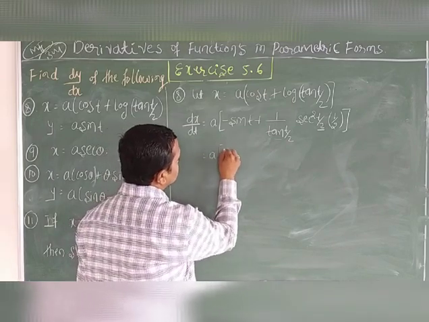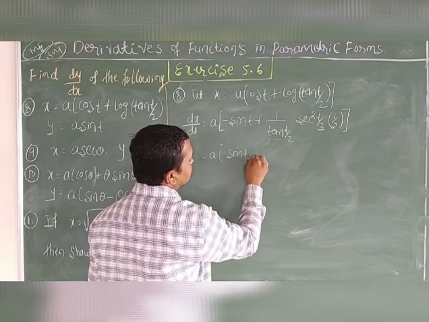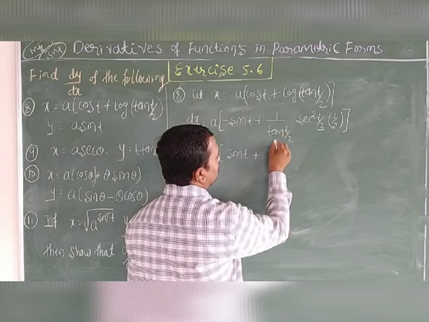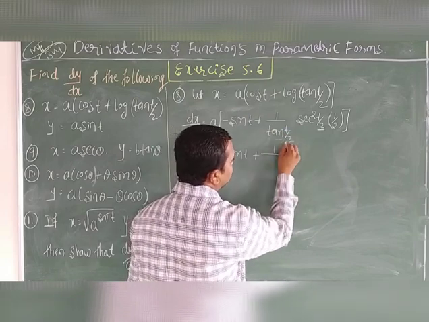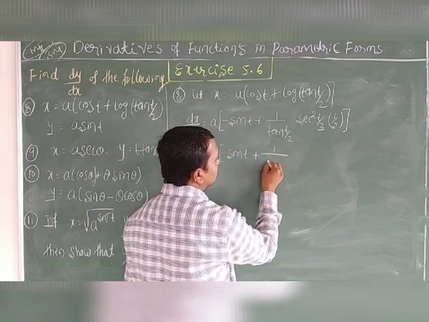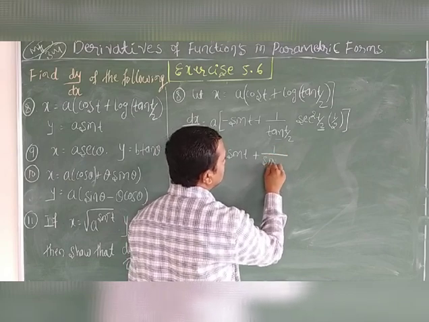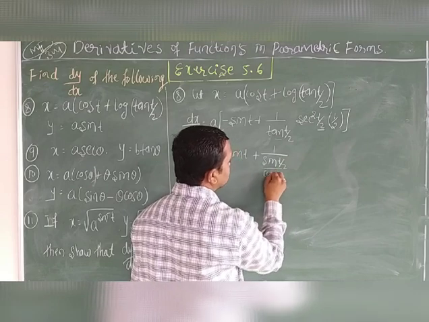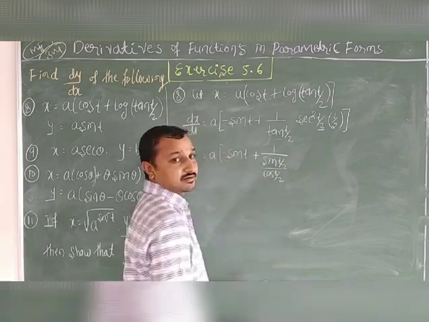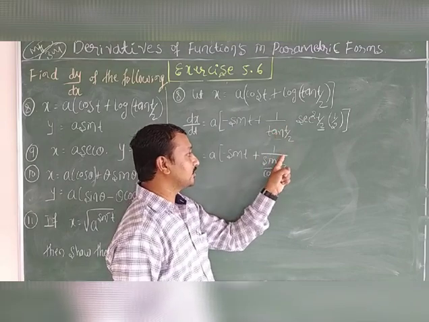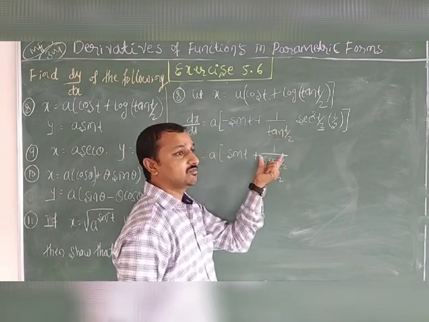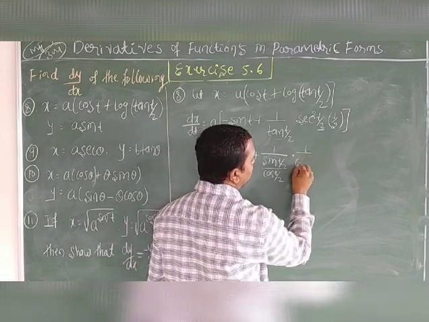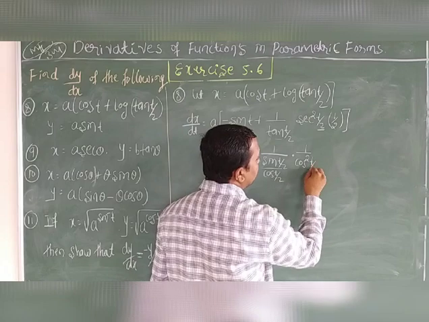So a in the bracket, this is minus sin t, keep as it is, plus 1 divided by tan t by 2, which can be written as sin t by 2 divided by cos t by 2, into sec square t by 2, which can be written as 1 divided by cos square t by 2. Is it clear?